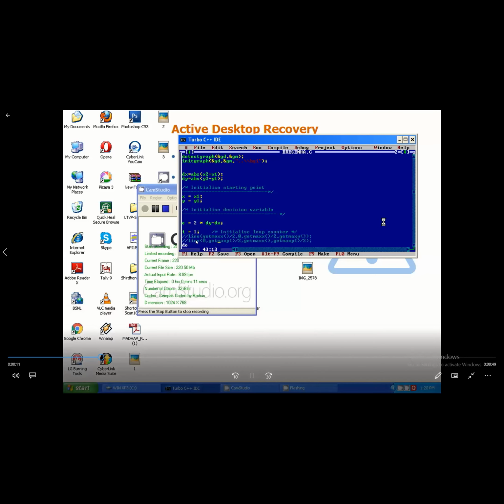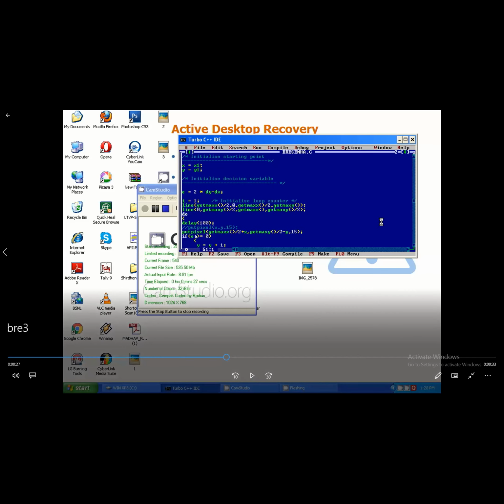You can observe these 2 lines I am enabling in my program, which will be dividing the screen into 4 quadrants, and I will be disabling the earlier line and enabling this new line, in which the x value is something to do with the maximum x by 2. It is nothing but the center point. If you remember, I will show you.